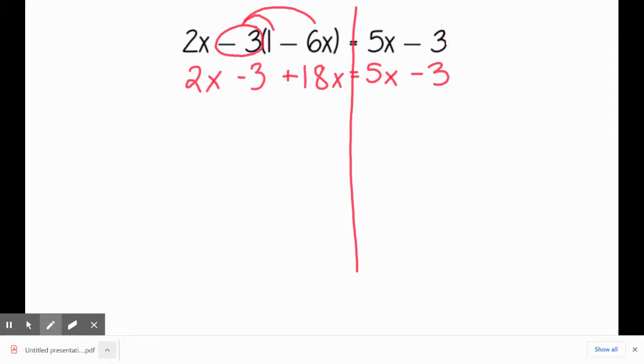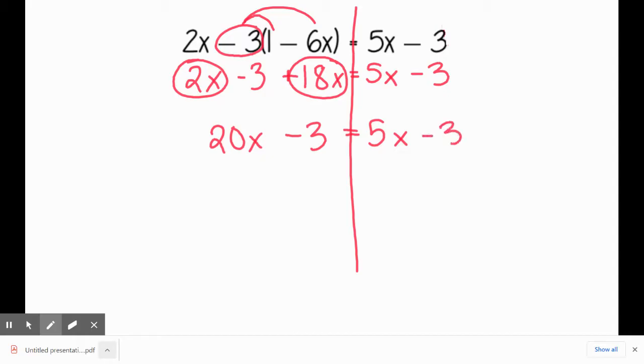So now that I'm here, I want to simplify this a bit until I have two terms on each side. So I notice that I have the 2x and the 18x that are like terms. So I'm going to combine that to make 20x minus 3 is equal to 5x minus 3.